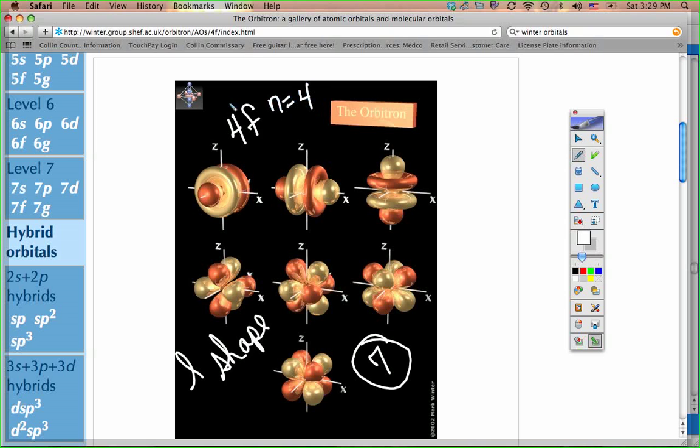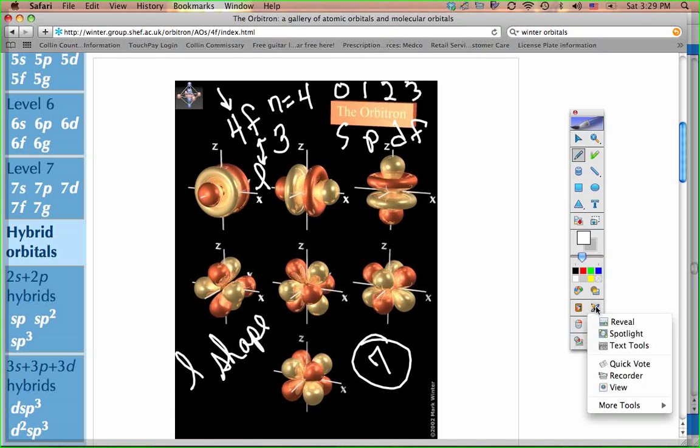So if this is the 4F, that means n is equal to 4 because n is given by the number in front, and F is going to mean L, and in that case, L is equal to 3. So it's 0, 1, 2, 3, S, P, D, F. So that's the order. So that is our second group of orbitals, and we will come back and clean up this topic in just a minute and go on to the final one.